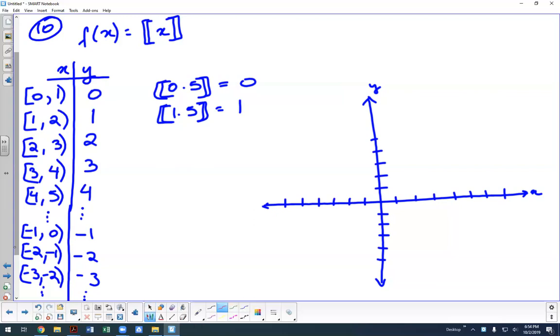Okay, so now we really got to think about how this graph is going to work. Because our domain is broken up into literally 1 unit, right?